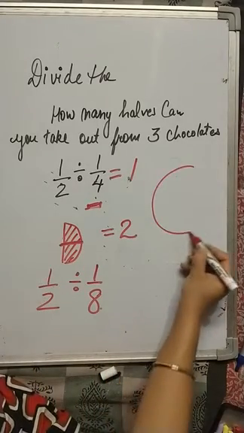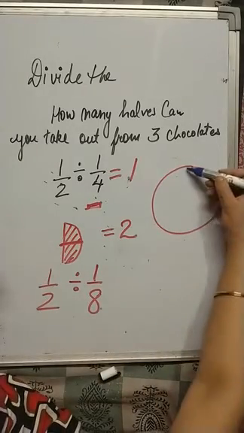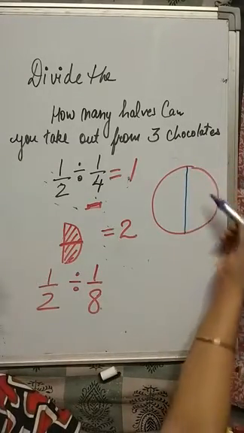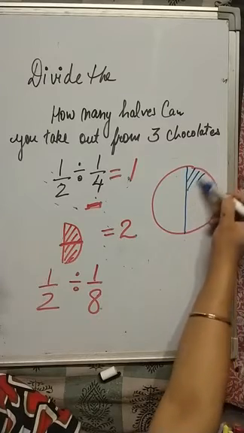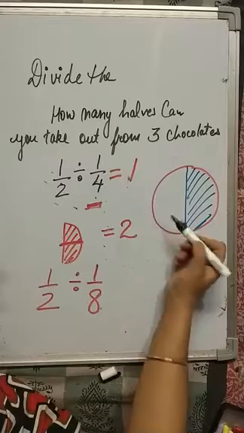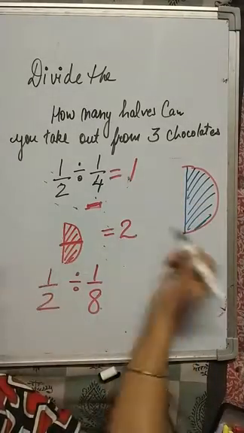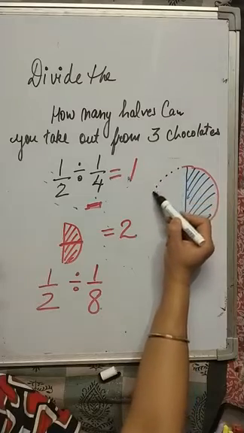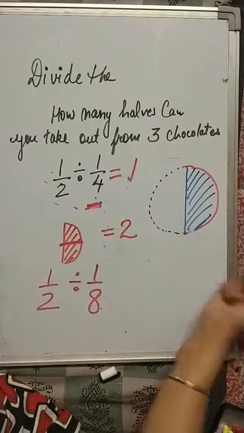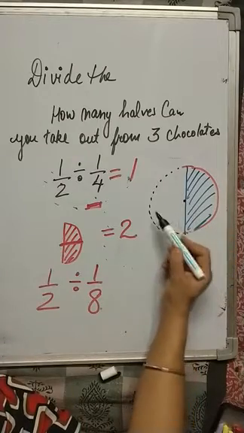if this is a full chocolate, how will we shade half a chocolate? This is half. Yes, we have this half chocolate. What do we have to take out? We have to take out 1/8. So let me draw the dotted lines for this, as I suppose that I have this half. Suppose this is a half chapati.